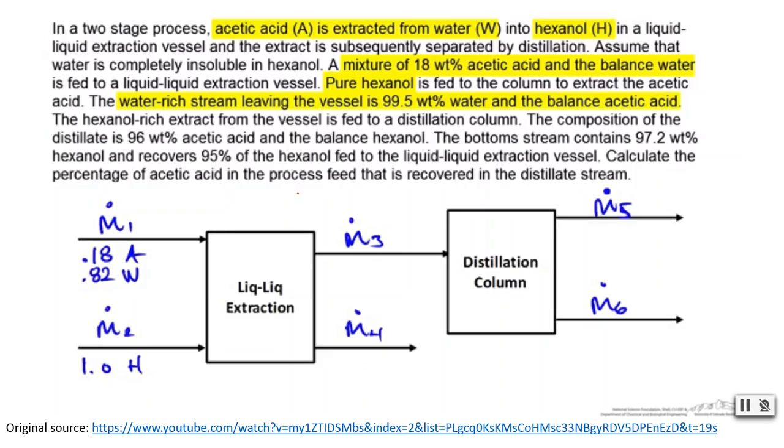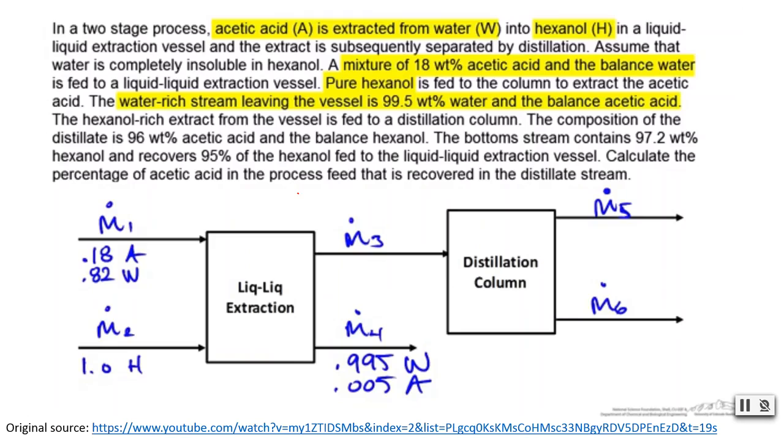Keep in mind it's the acetic acid and hexanol that's going to the distillation column. So this is the stream M4 that's not being fed to the distillation column. In this stream, the mass fraction of water is 0.995, and we know that hexanol and water don't mix. So without hexanol in the stream, the mass fraction of acetic acid must be 0.005 so that the mass fractions sum to 1.